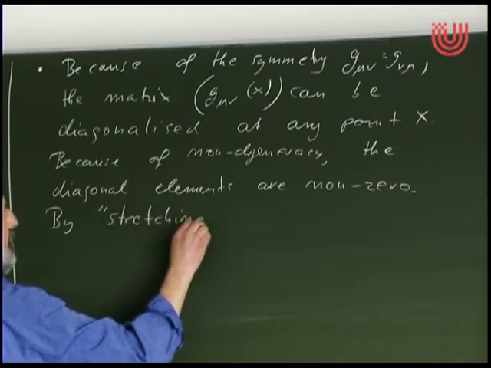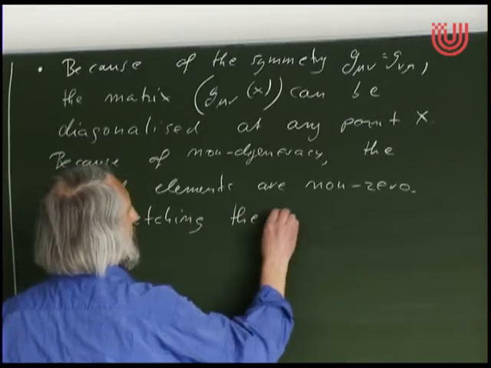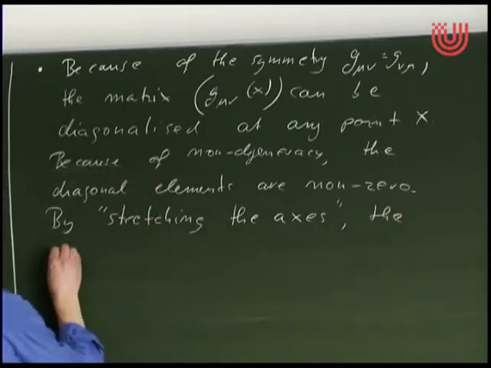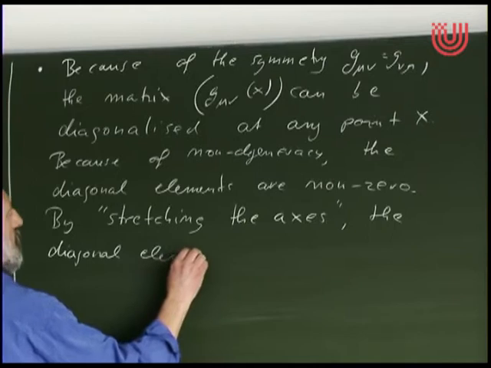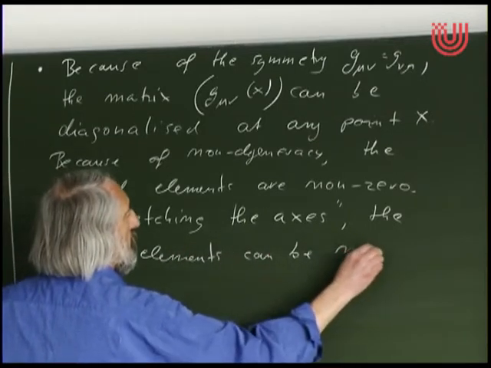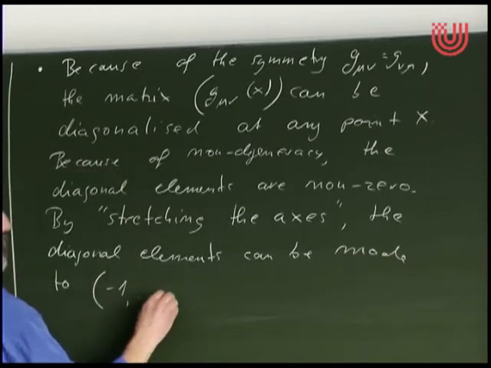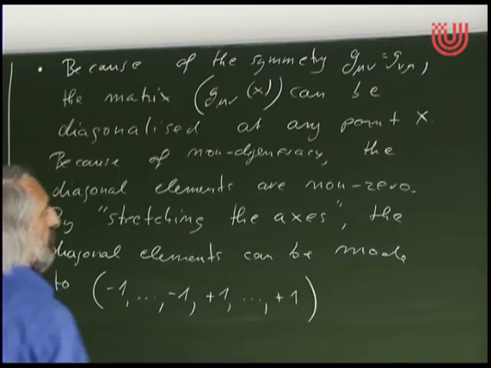So that's not very precise mathematical language. By stretching the axis, the diagonal elements can be made to a sequence of a certain number of -1s and then a sequence of a certain number of +1s.